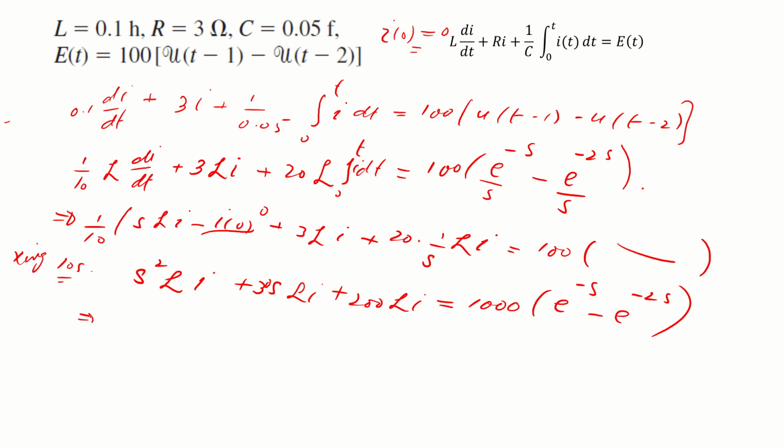This could be written as (s square plus 30s plus 200) into Laplace of I is equal to 10,000 (e power minus s minus e power minus 2s).